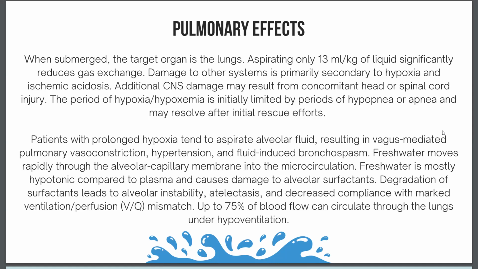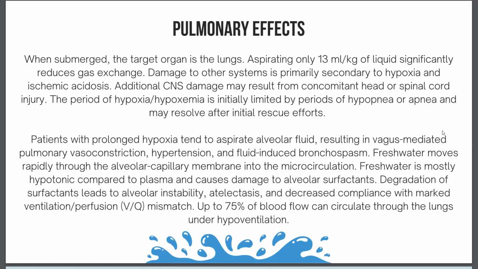Fresh water is mostly hypotonic compared to plasma and causes damage to alveolar surfactants. Degradation of surfactants leads to alveolar instability, atelectasis, and decreased compliance with marked ventilation-perfusion mismatch. Up to 75% of blood flow can circulate through the lungs under hypoventilation.